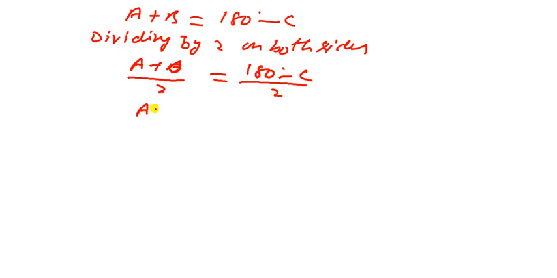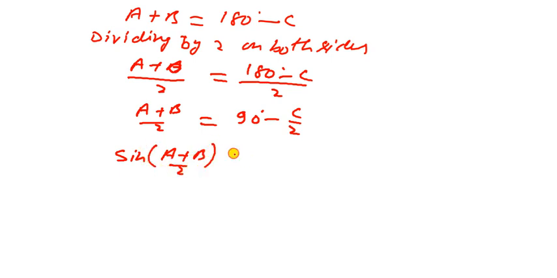So it is A plus B upon 2 is equal to 180 minus C upon 2. It is A plus B upon 2 is equal to 90 degree minus C by 2.